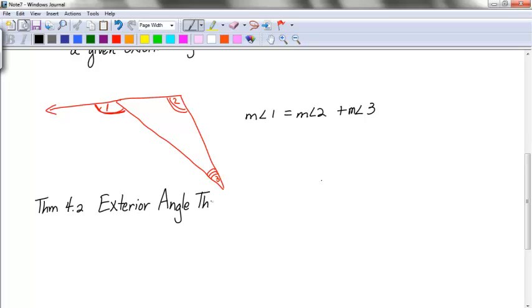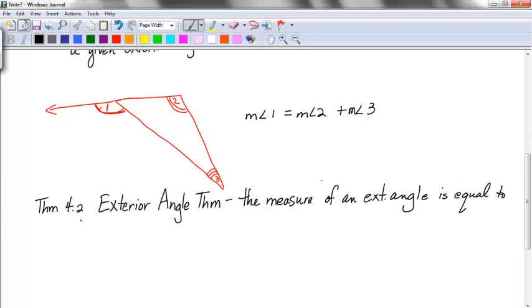The exterior angle theorem: the measure of an exterior angle, and you can abbreviate it, is equal to the sum of the measures of the two remote interior angles.